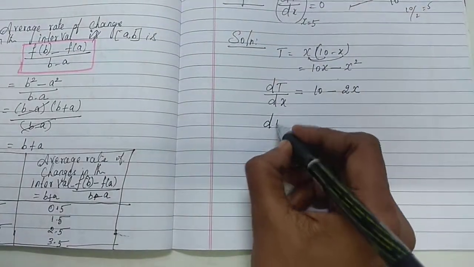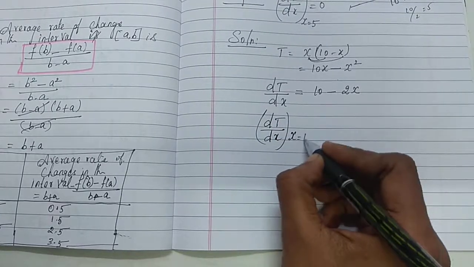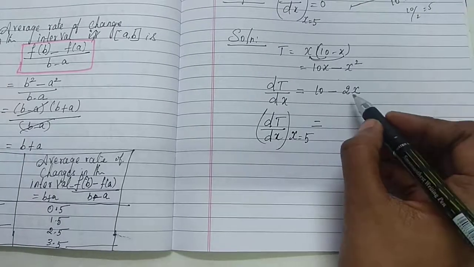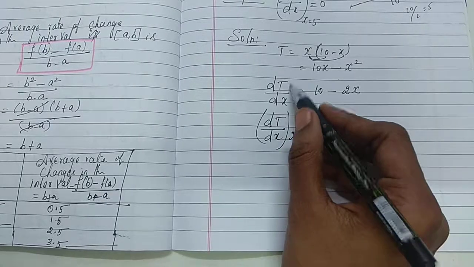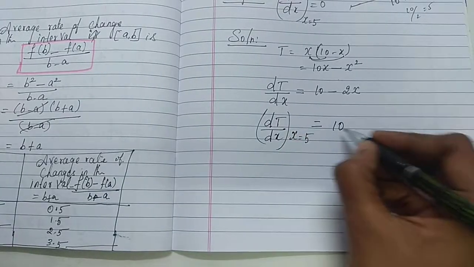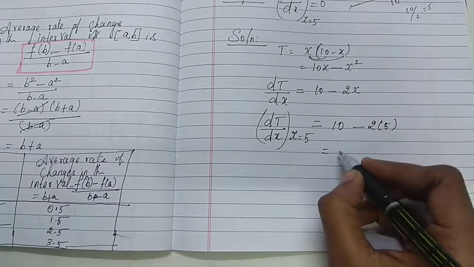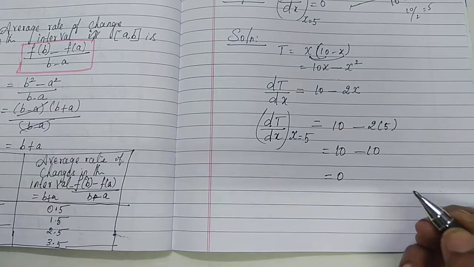So now dt by dx at the point x is equal to 5: just substitute x is equal to 5 in the previous line. That is equal to 10 minus 2 into 5, which is 10 minus 10, that is equal to 0.